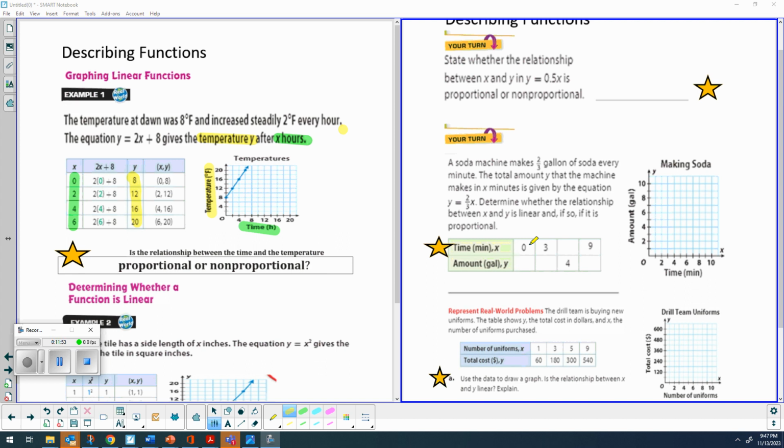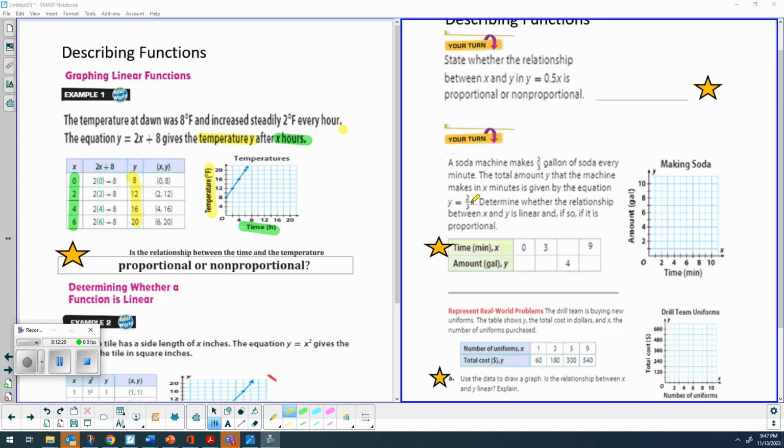You do have a blank table here to complete. For this, you will want to use your Desmos calculator. Type in the rule, 2/3 x, and replace x with these given values to get your outputs here. Once you have all of your data completed, then you will plot the points here to actually see the graph part.